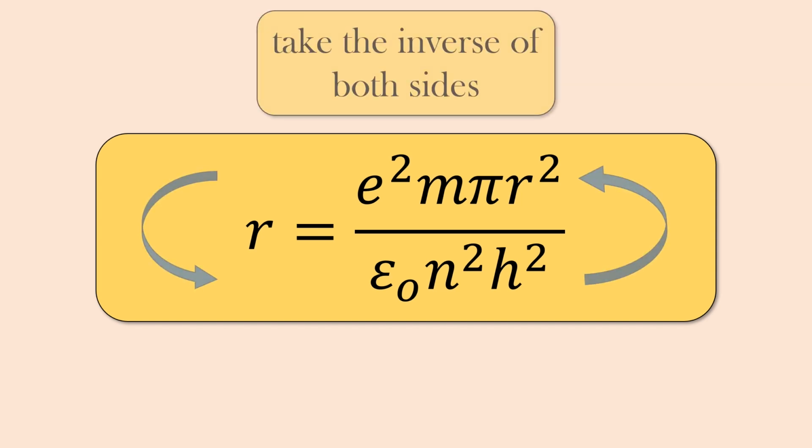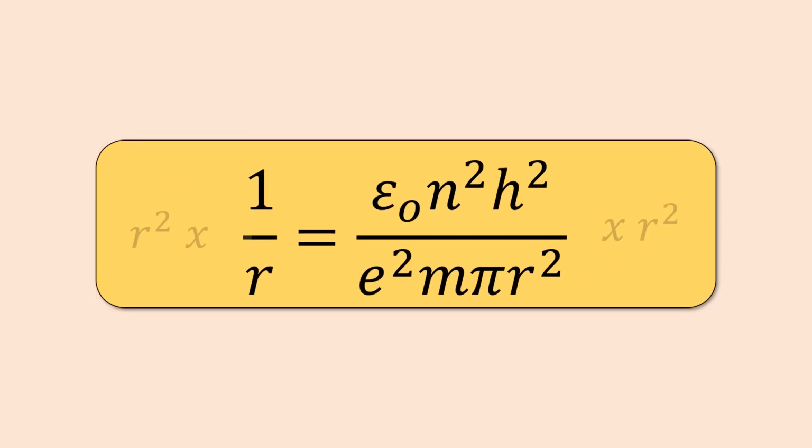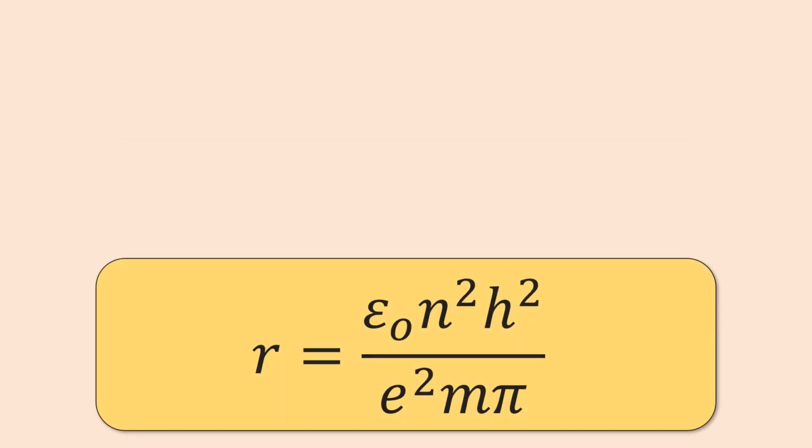I'll take the inverse of both sides and multiply both sides by r squared. Finally, here is the full equation for the Bohr radius. R equals epsilon n squared times h squared over e squared m times pi.